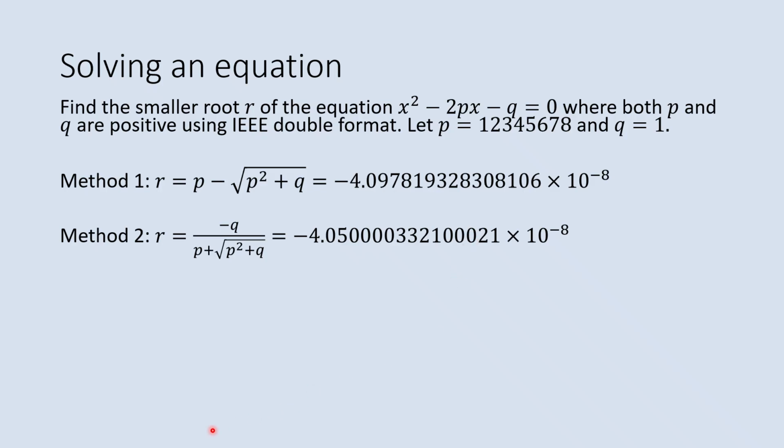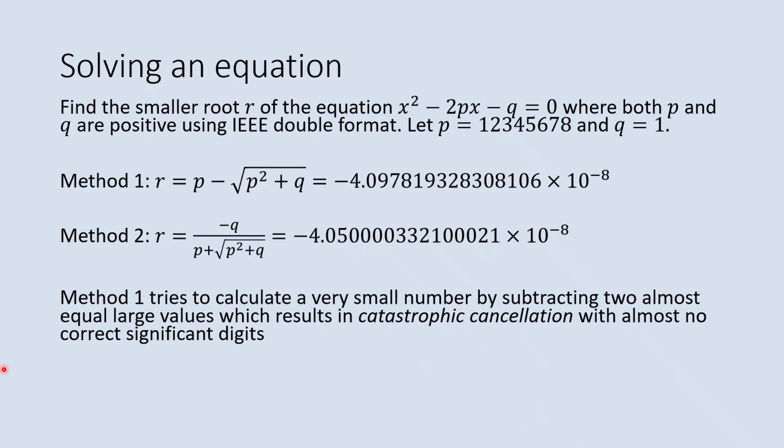Both of these mathematically are exactly the same, but computationally they're very, very different. So how do we know which one is correct? Which of these two approaches is the correct answer? In this particular case, it turns out that method 1 is trying to calculate this number, which is a very small number. 10 to the negative 8 means we have a very small number here.